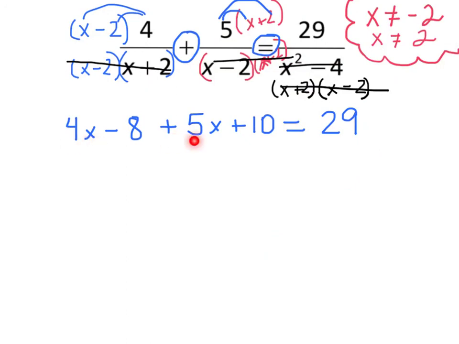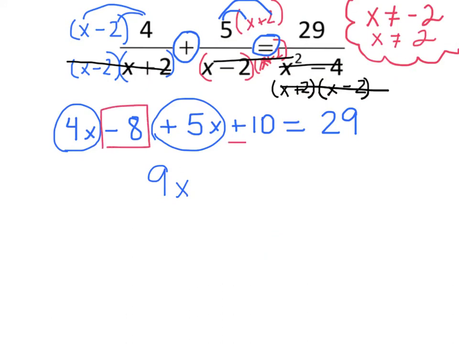So these are on the same side. We're just going to put them together. So we got a 4x and a plus 5x combines together to make what? 9x. And then we got this minus 8 and this positive 10. Again, they're on the same side of that equal sign. So we can combine those together. Negative 8 plus 10 makes a positive 2. Bringing down the rest of the equation.